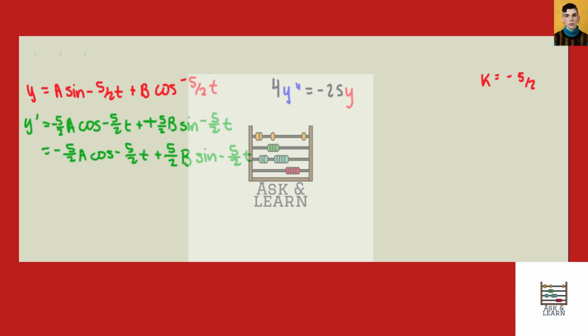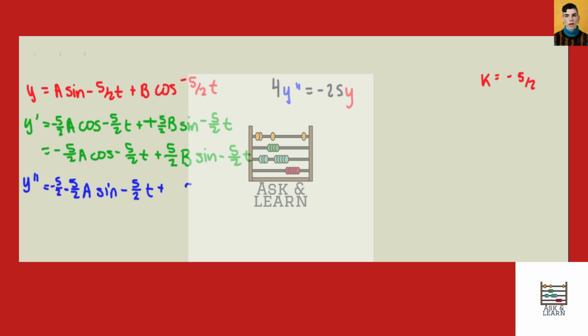And for y double prime, we're going to take the derivative of the outside. So that'll give us a positive 5 over 2a sine. Leave the inside the same. But now we multiply by the derivative of the inside, which is negative 5 over 2. And then same thing here.